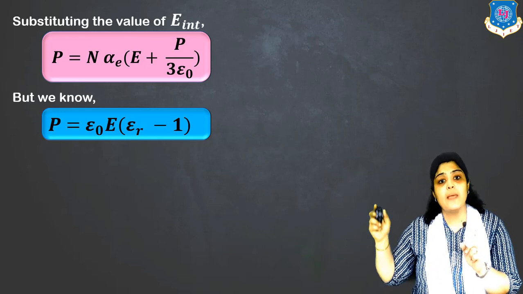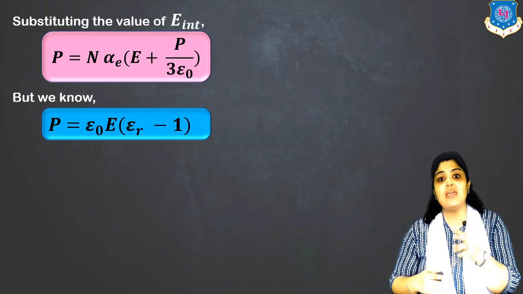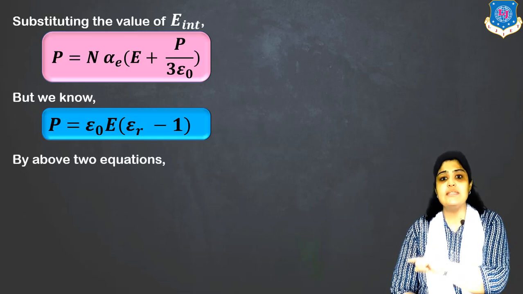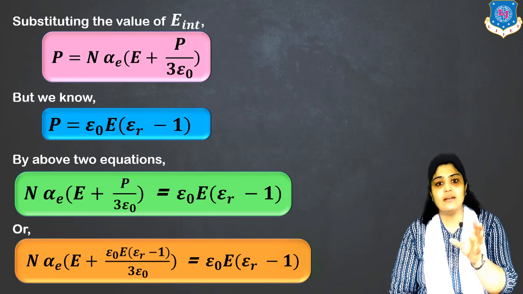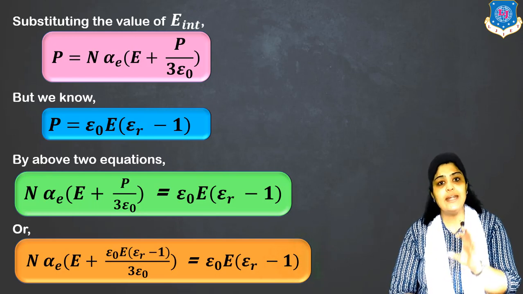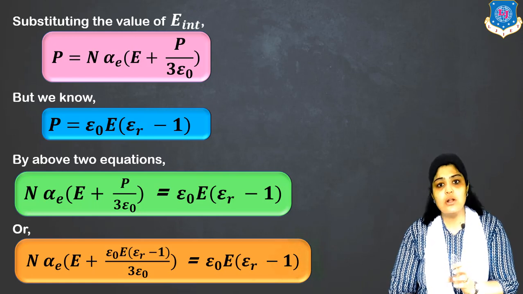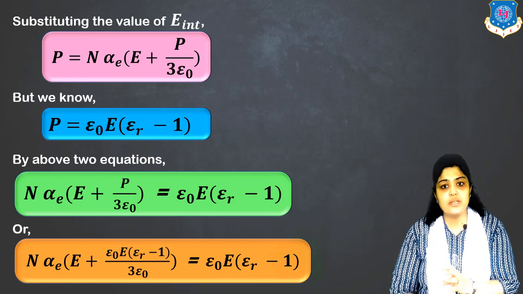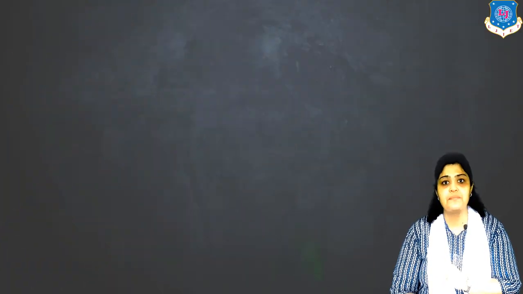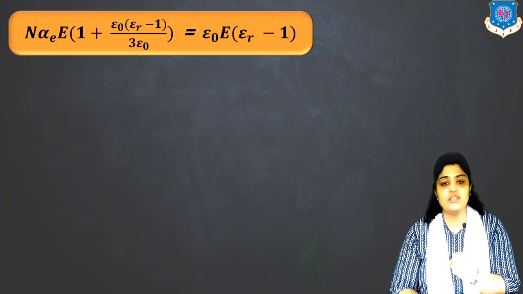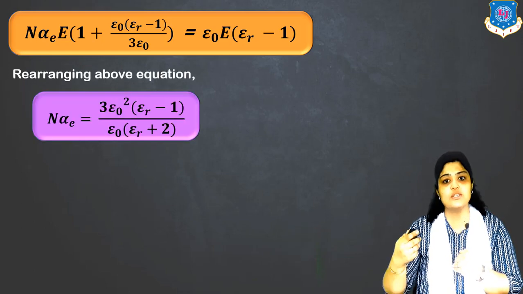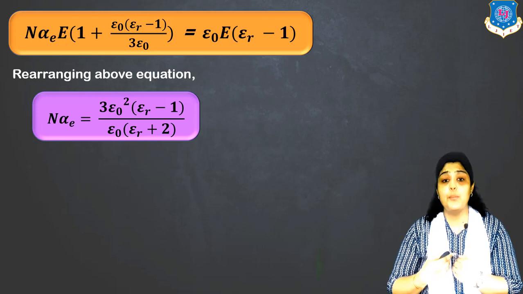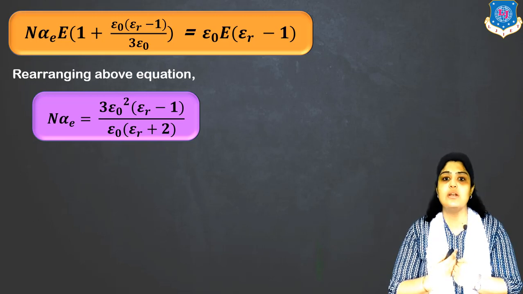Now in the above equation, I have P on the LHS and RHS both. So I substitute the equation of P in both and I get N alpha E into bracket E plus epsilon naught E epsilon r minus 1 upon 3 epsilon naught is equal to epsilon naught E into epsilon r minus 1. Now I just rearrange this equation and I have N alpha E equal to 3 epsilon naught square epsilon r minus 1 upon epsilon naught into epsilon r plus 2.